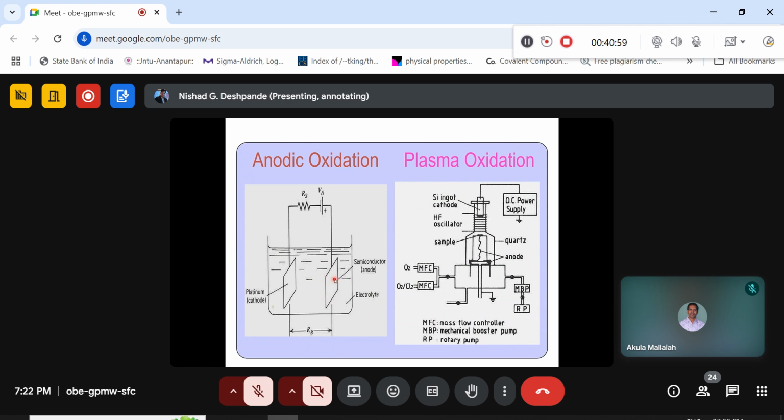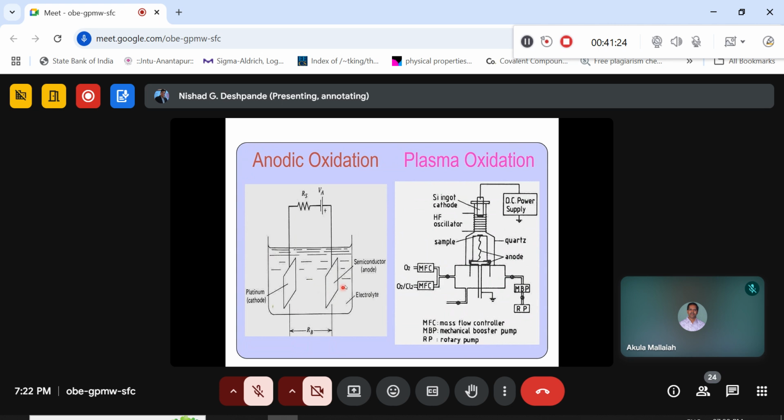So note down that most of the time in this case of anodization processes, one can get a mixture of oxide and hydroxide layers. And later on, again, you can have a controlled process of thermal oxidation, and then you can remove the hydroxide present on the interfaces or the surfaces.